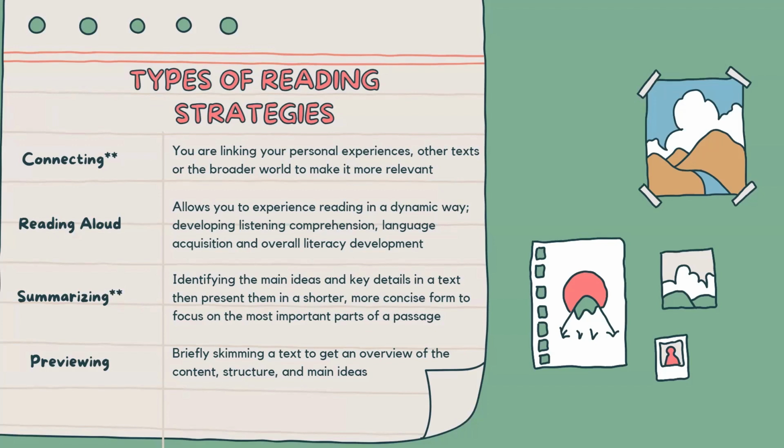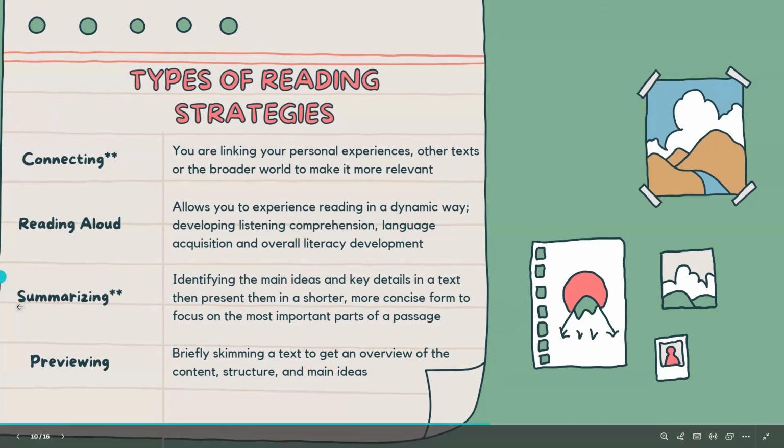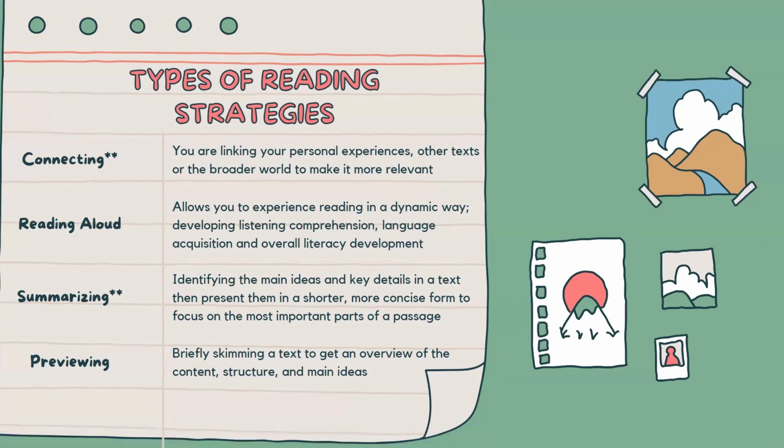Previewing is basically skimming. But if anyone has ever, by any chance, taken a reading strategy class in high school, one of the things that they'll actually tell you about, and this is something that I remembered, is that your teachers will have you read the table of contents.